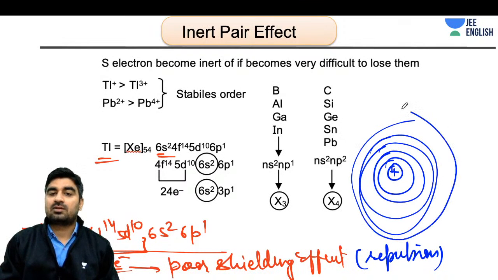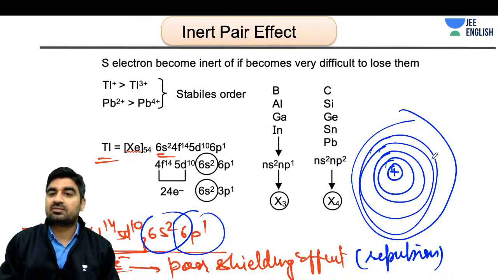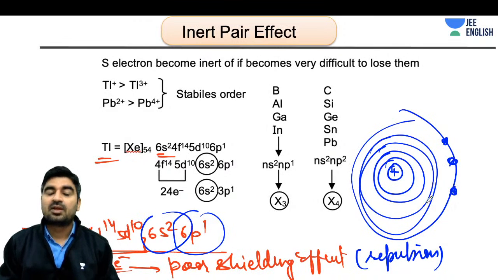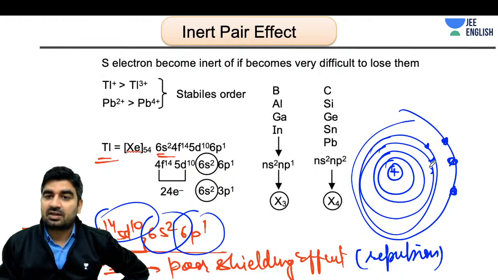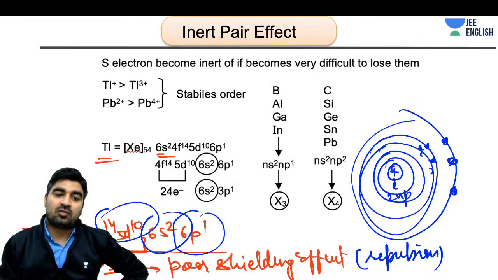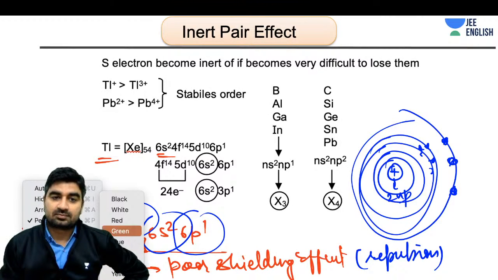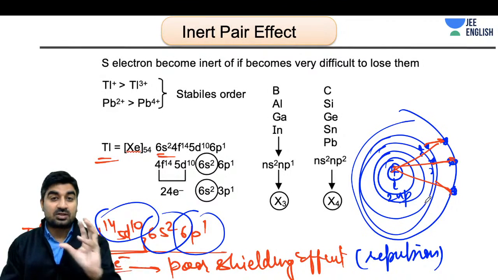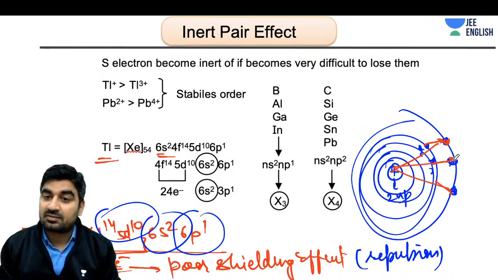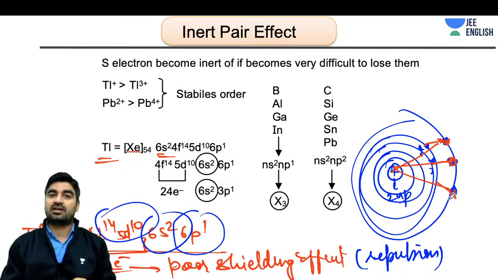In the outermost shell we have 3 electrons, 1, 2 and 3. When these 24 electrons are added inside, along with them 24 protons were also added. These protons will attract all the electrons, but the repulsion effect of these 24 electrons is very less. As a result, net force of attraction on the outer electrons will increase.